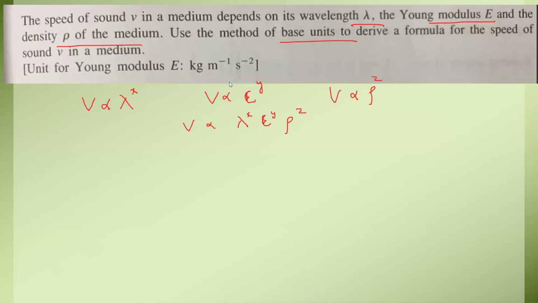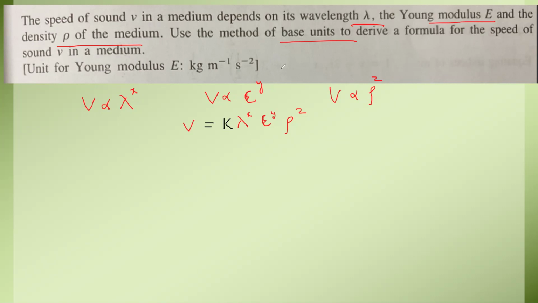Mathematically, when we represent the equation, we replace the proportionality sign with equal to and a constant. So in this case, we replace it with equal to and we put a constant k here. And we assume that this k is a dimensionless quantity, it does not have any unit. That's our assumption right now.